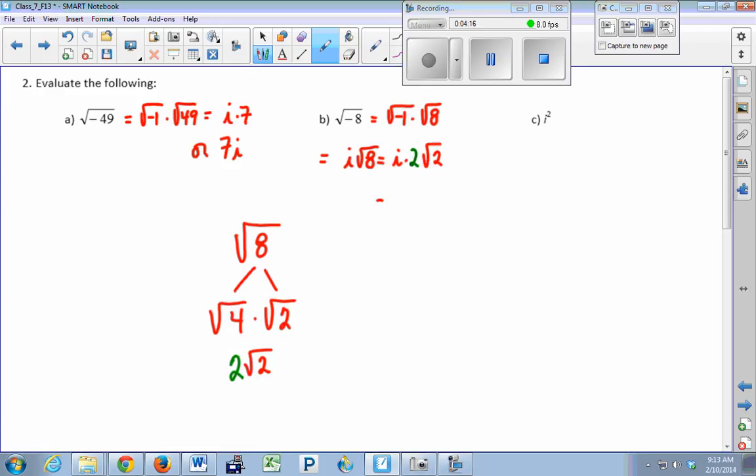Like I say, generally we put the real number first, then we write our i, and then we have the square root of 2. Sometimes when you get these radicals where it's not a perfect square, but you have a factor that's a perfect square, it can be simplified further.